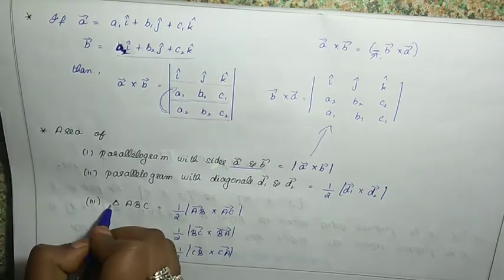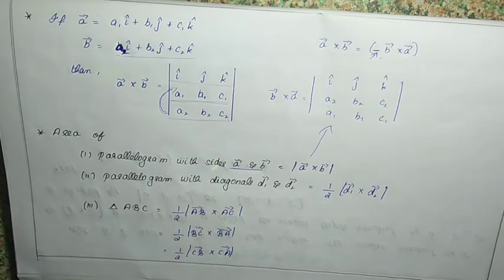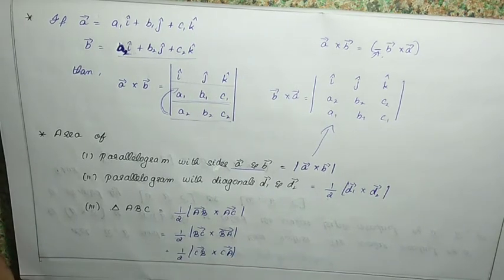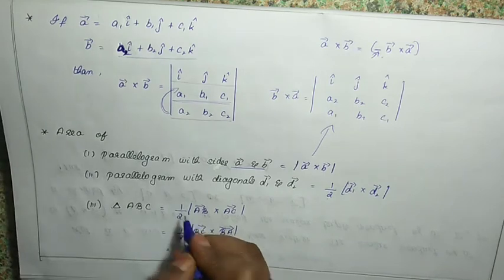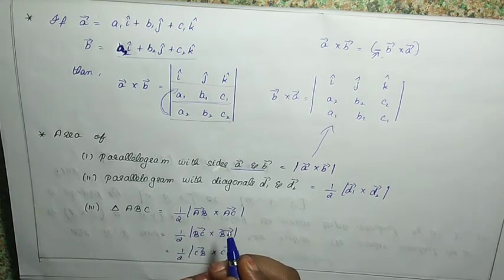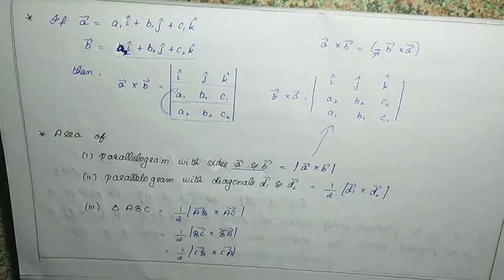Next, if we want to find the area of a triangle, then as we learned in our lower classes, the area of a triangle is half into base into height. The same thing is followed here also. Half of mod of AB vector cross AC vector. It might be any side. Okay, AB vector cross AC vector, or half of mod of BC vector cross BA vector.